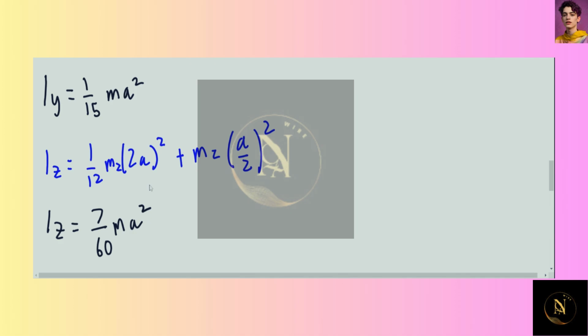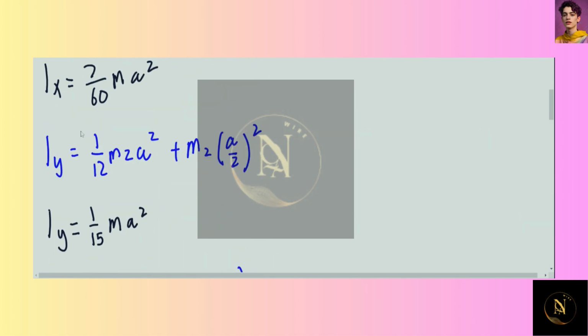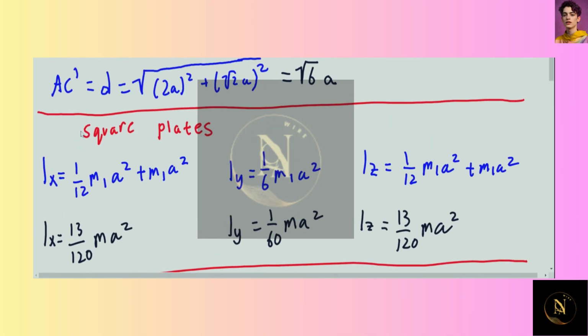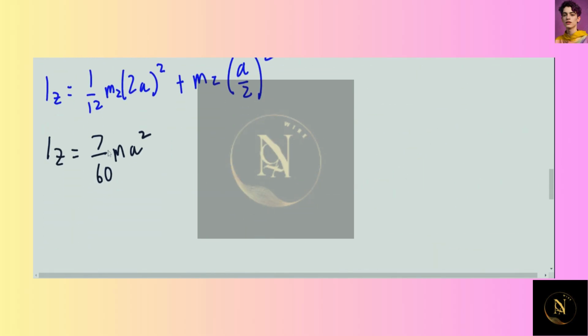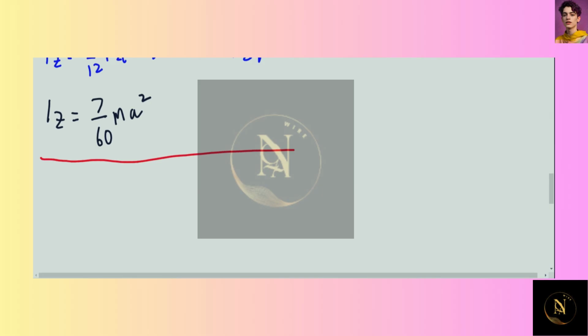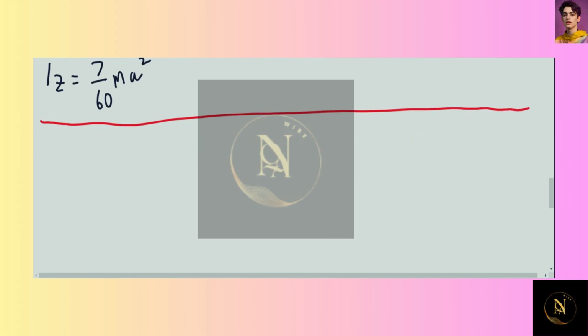So now what we're going to do is take all these moments of inertia that we calculated, and take the summation of all of them for each component. So now we take the summation of the components.